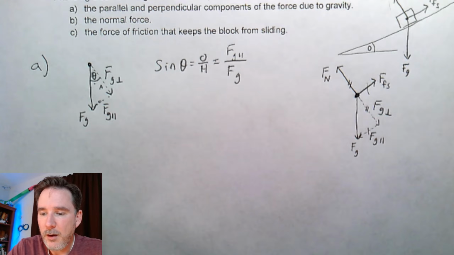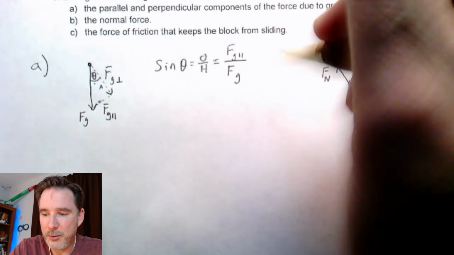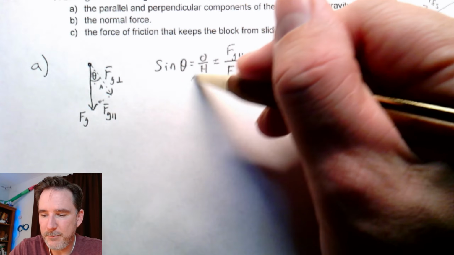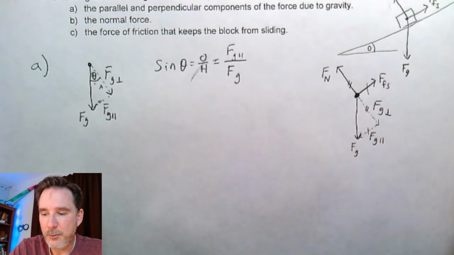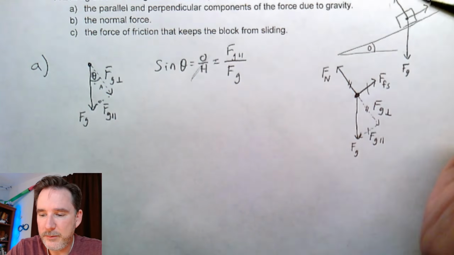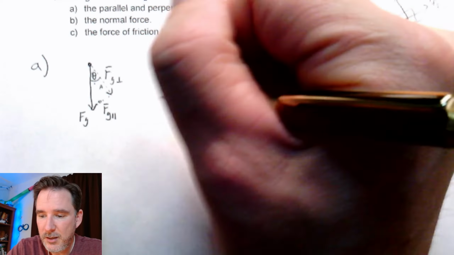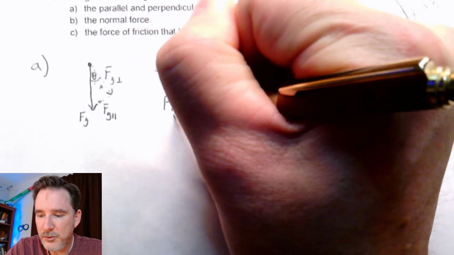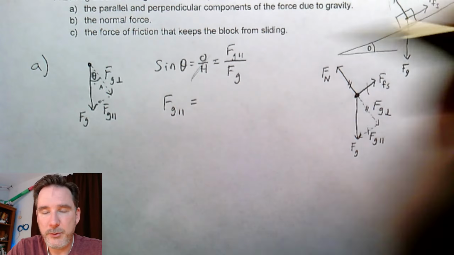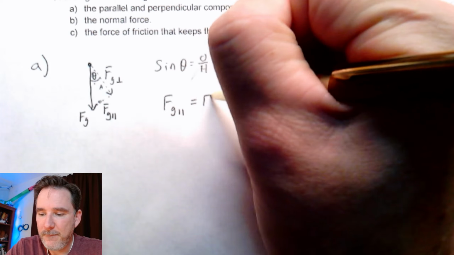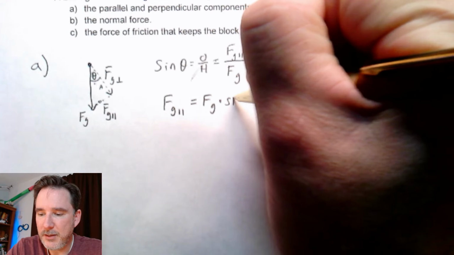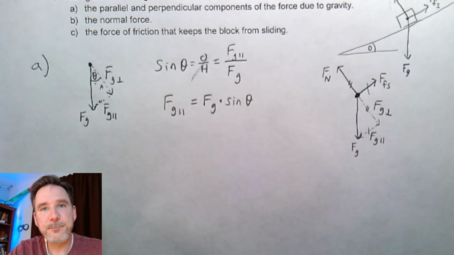We want to solve for the parallel side, so I'm going to rearrange this equation. I'm trying to find Fg parallel, so I'm going to multiply both sides by Fg. So Fg parallel is equal to Fg times the sine of theta. Nice and easy.